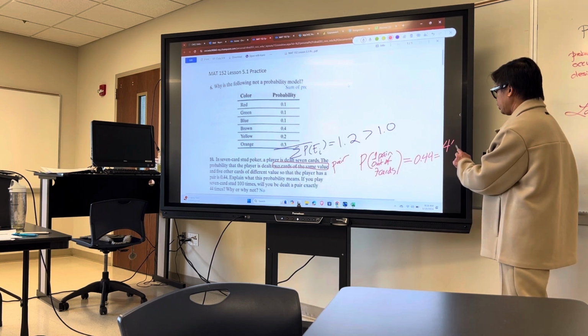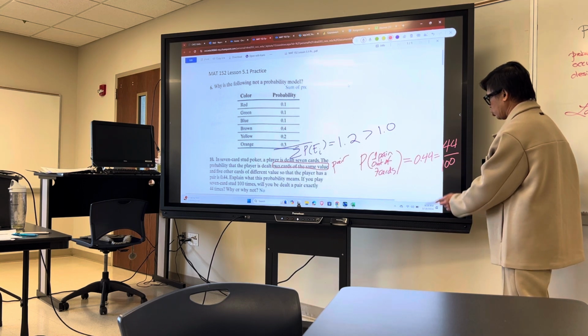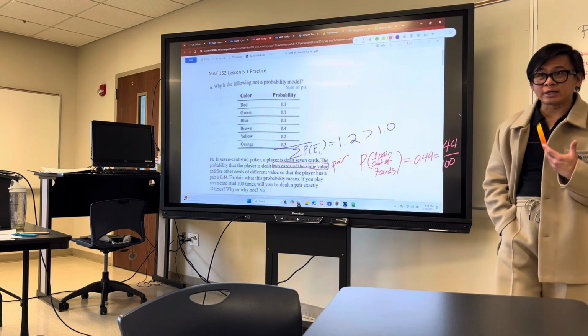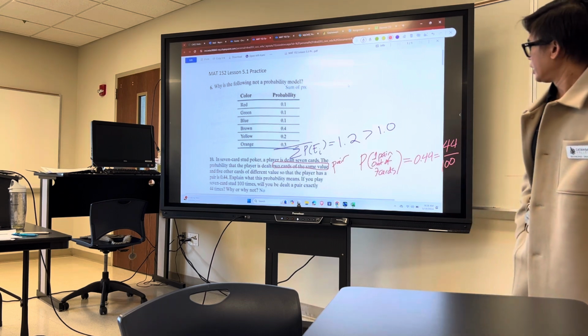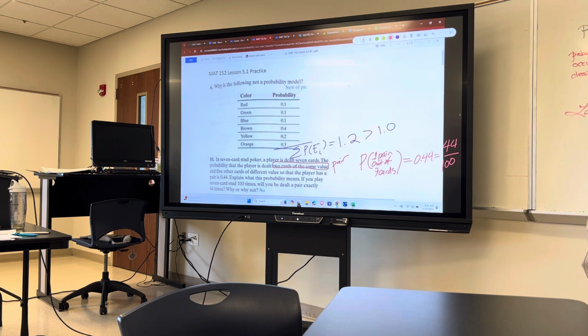That means in fraction, 44 over 100, right? In short, theoretically, every 100 trials or experiments, you will get 44 times out of 100. Theoretically, you're gonna get 1 pair out of 7 cards.